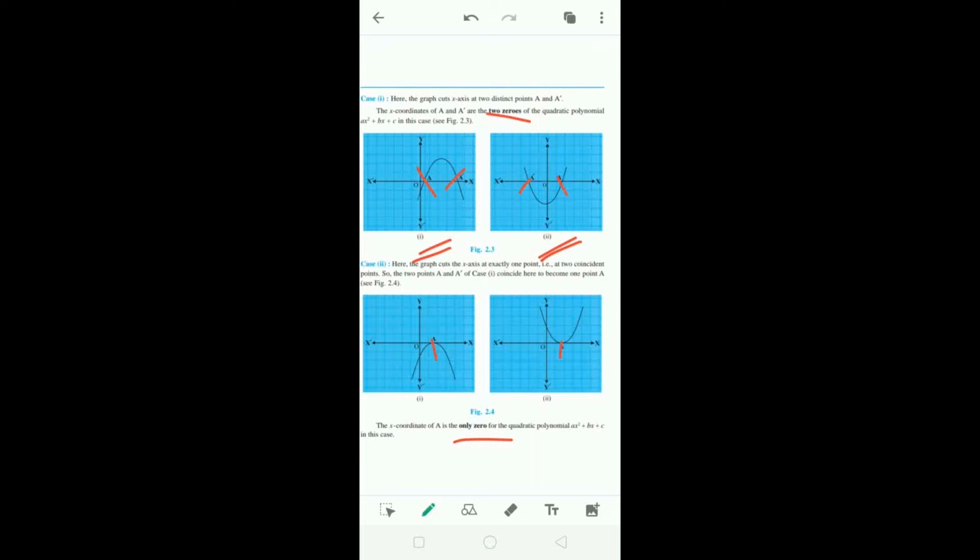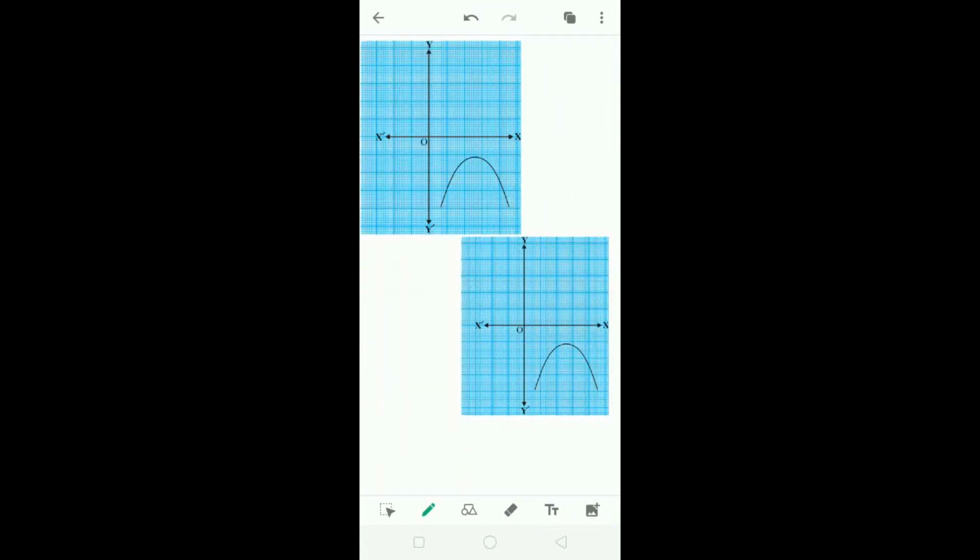So this is the first case, and this is your second case, and now the third case for your quadratic polynomial. Look at the diagram; here I have given a downward parabola.